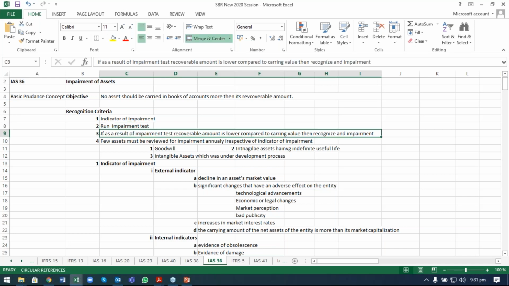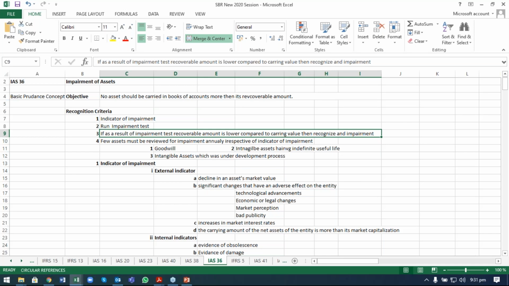And what is an impairment test? If as a result of the impairment test the recoverable amount is lower compared to the carrying value, then recognize an impairment. If the carrying value of an asset is higher and recoverable amount is lower, then you have to recognize an impairment, right? So we need to find out what the recoverable amount is. Now our comparison is recoverable amount with the carrying value.